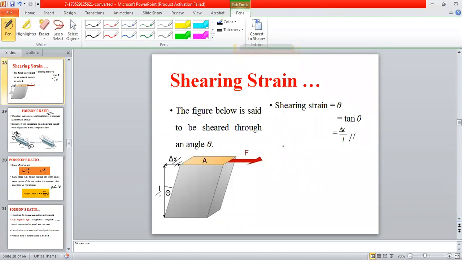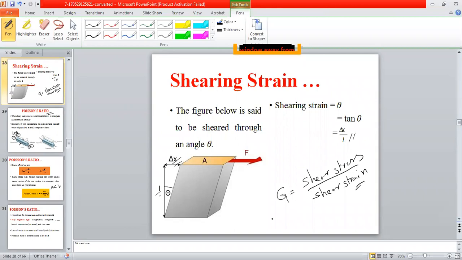Therefore we can find the rigidity modulus, that is G, which is shear stress by shear strain. Again it is stress by strain, which are shear in nature.